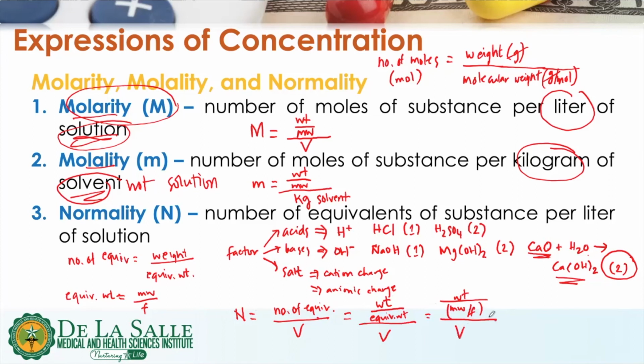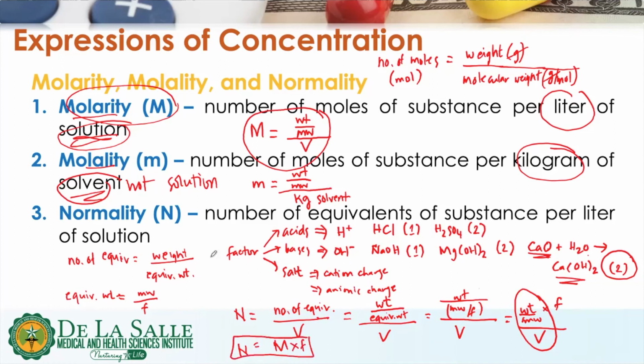So we divide this by volume. Now, dividing a number by a fraction would mean we will simply multiply it by its inverse. So we have this formula. Now, notice that weight over molecular weight over volume is basically molarity. So, normality is equal to molarity times factor. Just remember this formula, and you are good to go when it comes to normality.